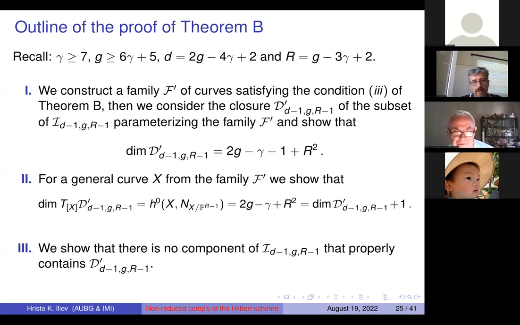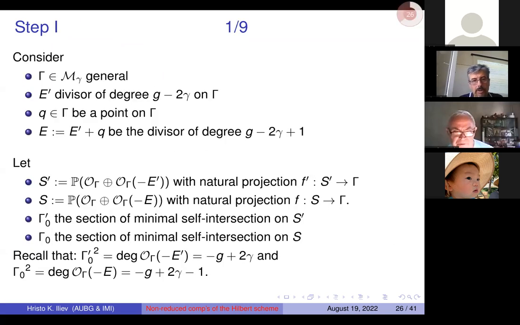Now, let's get to the steps that I outlined. I'm going to recall a few basic facts from the setup that I'm going to use, and then I'll show you a picture that will clarify what we are doing.